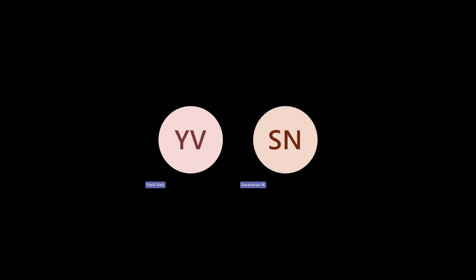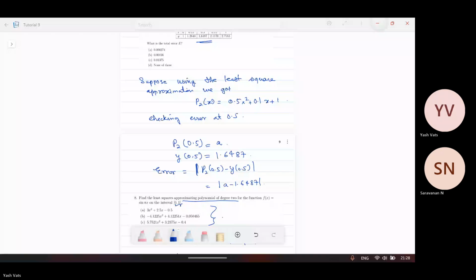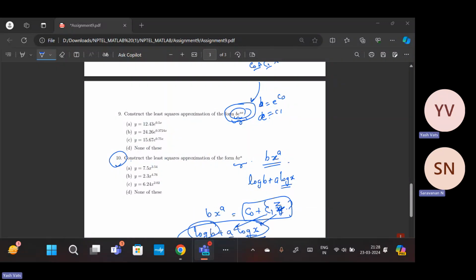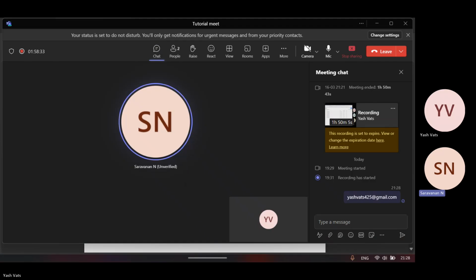Is it visible to you? No, I'm not seeing that. I think there is some chat option. Let me see where I can. Now sharing is visible. Now the meeting chat is. Once entered, I should be able to see it, but the chat is not coming. Anyway, I will note it down.